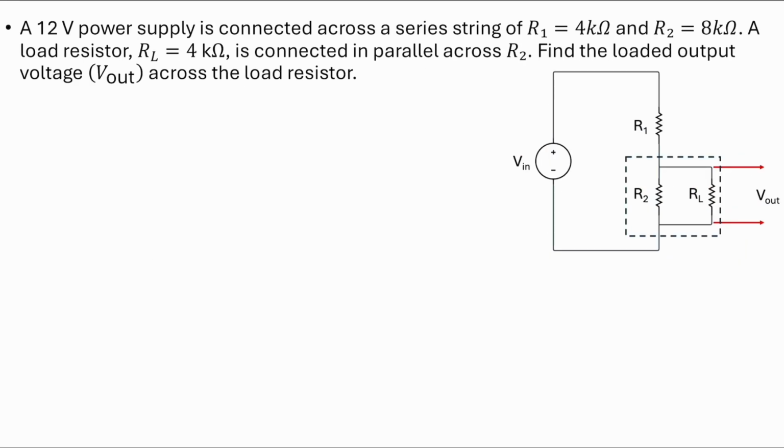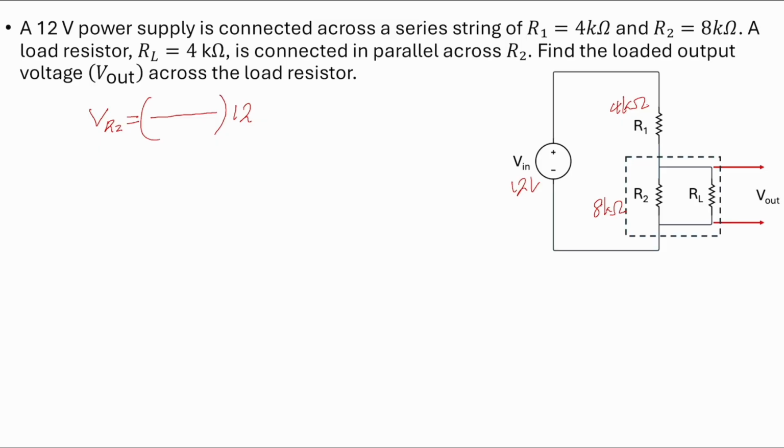Here we have a potential divider. The input voltage is 12 volts. R1 is 4k ohm, R2 is 8k ohm. If we want to get the voltage across R2, we can apply the formula. The voltage across R2 is equal to 12 multiplied by the proportional constant, which is a fraction.